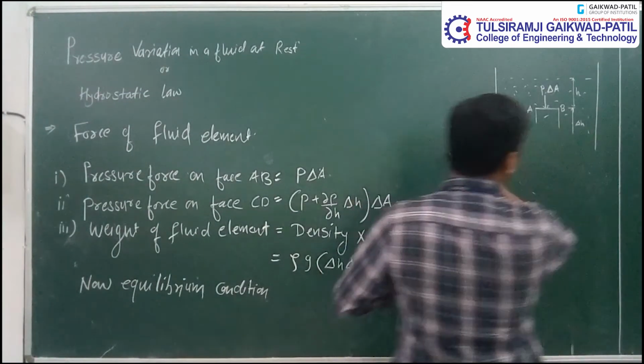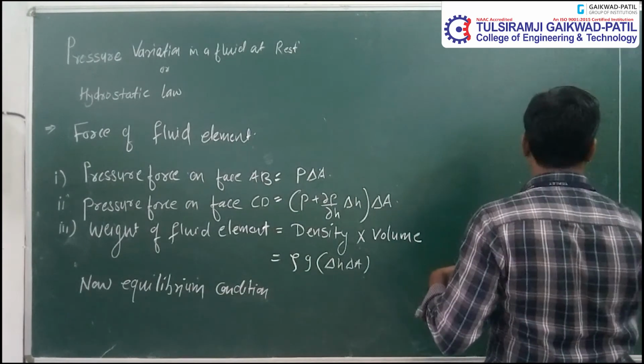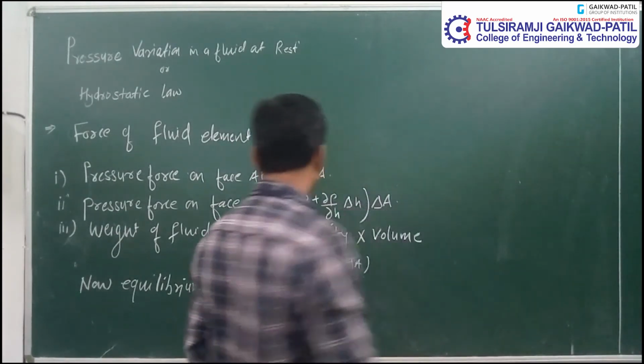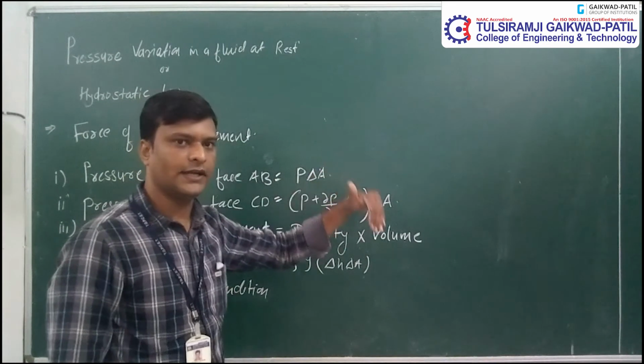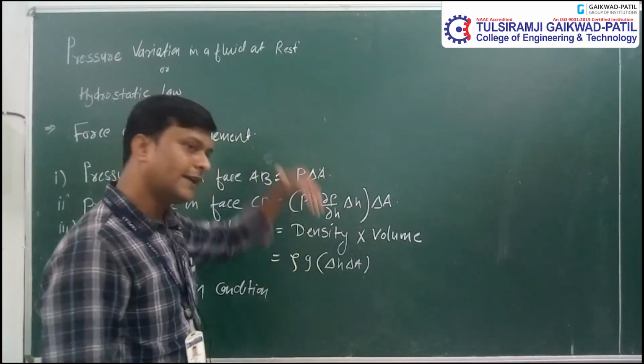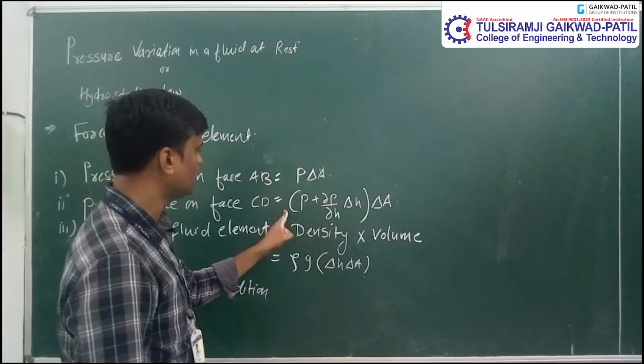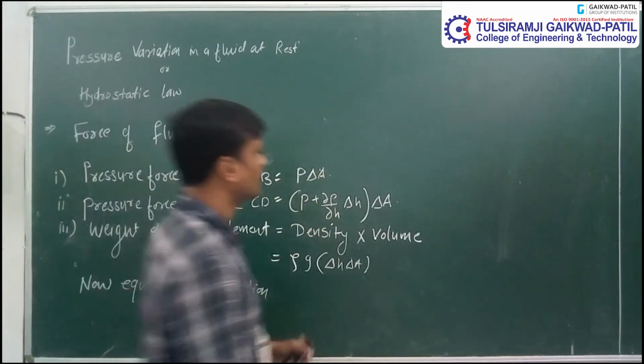Therefore, for equilibrium, there are two forces acting vertically downward, and one force acting vertically upward.